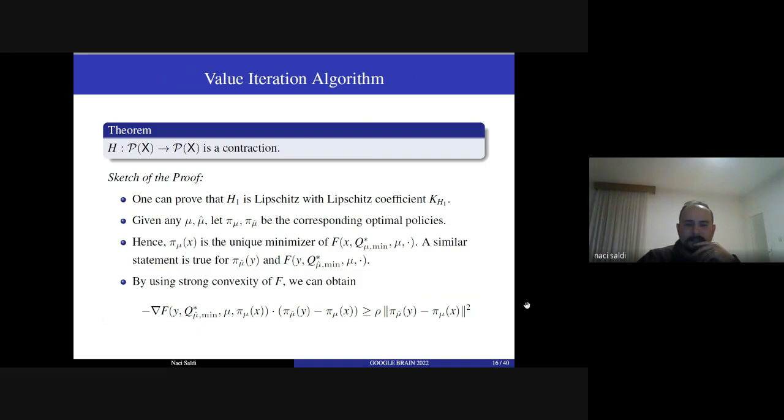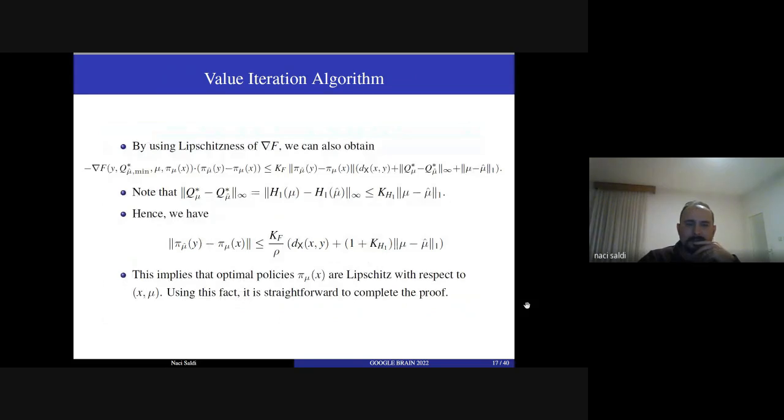This is our first inequality, and this comes from strong convexity of F. Using the smoothness of F, or the Lipschitz continuity of the gradient of F, we can also obtain an upper bound to the same quantity like that. Here Kf is the Lipschitz constant of the gradient of F, and we have again the distance between policies and the term in the parentheses.